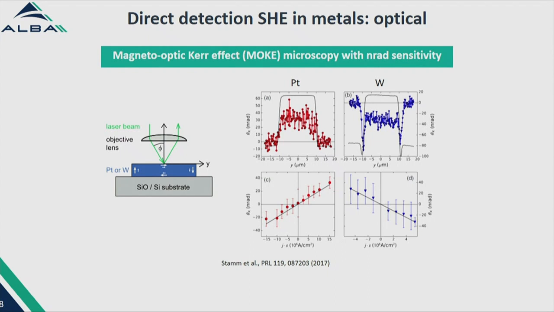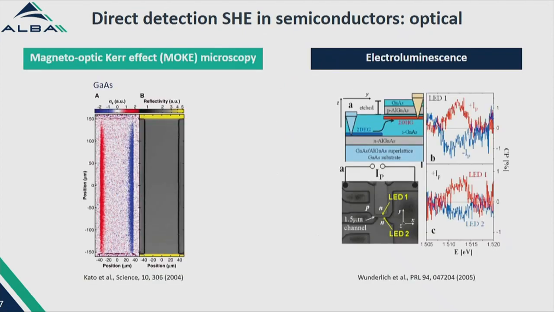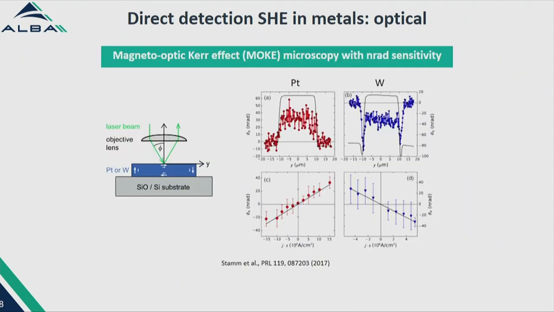It was not until 2017, when the experimental conditions were improved a lot in the same sort of experiment as the first one I showed, magneto-optical Kerr microscopy, where you look at the rotation of the polarization of the reflected light on the sample, that the group around Gambardella in Zurich managed to measure rotations of the order of nanoradians, and in this way measure the spin accumulation at the edges of platinum and tungsten stripes through which the current was flowing.